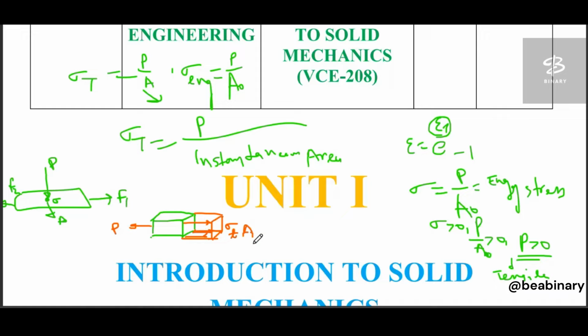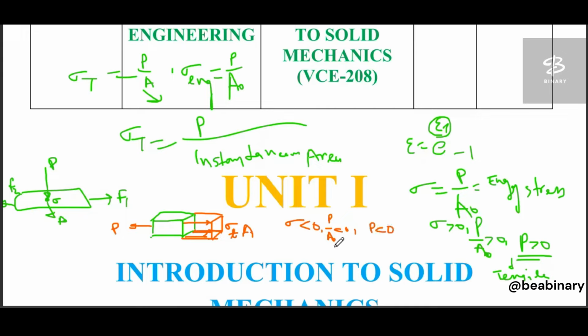Now if we want to discuss compressive stress, in that case sigma C, sigma is negative. That is called compressive stress. Means P upon the original cross-sectional area is negative, means P is negative here.